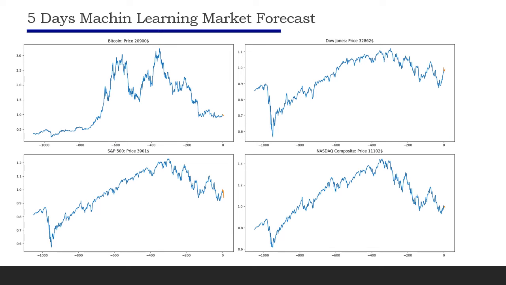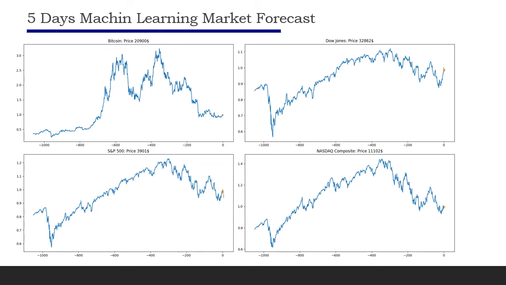As I have explained at the beginning, from the 30th of October, I have added a new feature to the video, which is market forecasting. In this method, I train a machine learning tool with different market indicators, and then I use it to forecast the market.